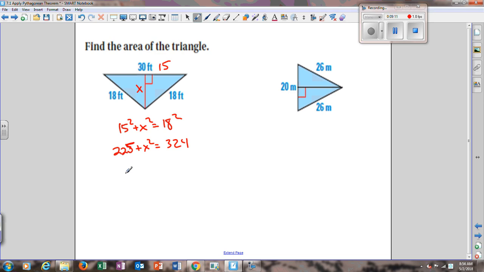I'll subtract 225 over, get x squared equals 99. And then you take the square root. So that gives you about 9.9. So then that's 9.9 there.